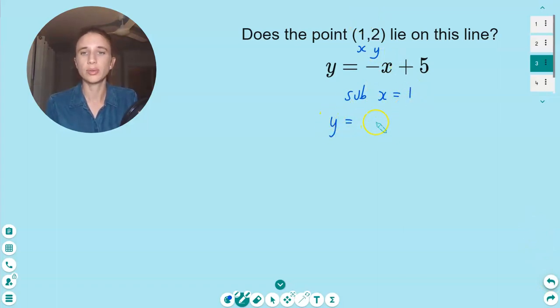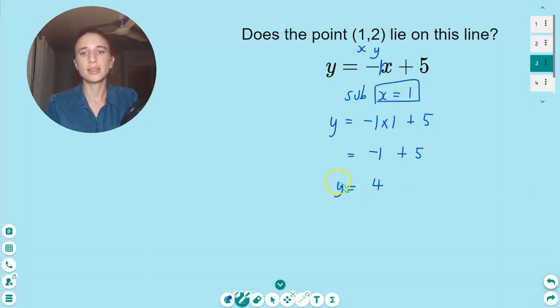So Y equals negative, there's actually a little invisible 1 there. So I'm going to write negative 1 times our X value, which is 1, plus 5. Negative 1 times 1 is negative 1. Just keep simplifying till you get out a single value. Negative 1 plus 5 is 4.